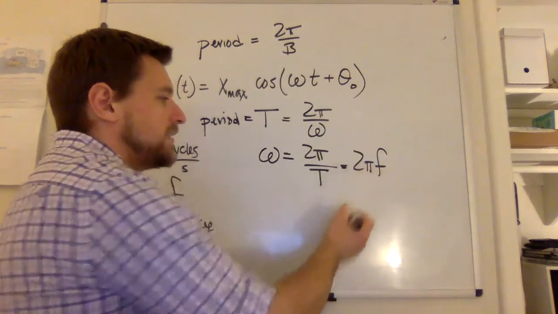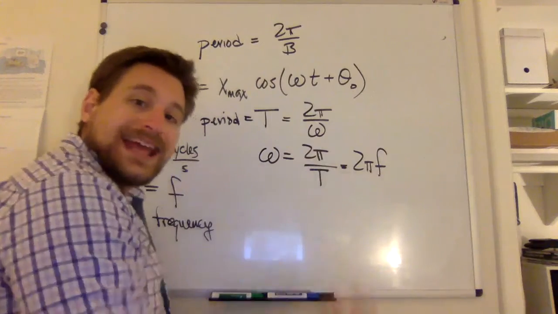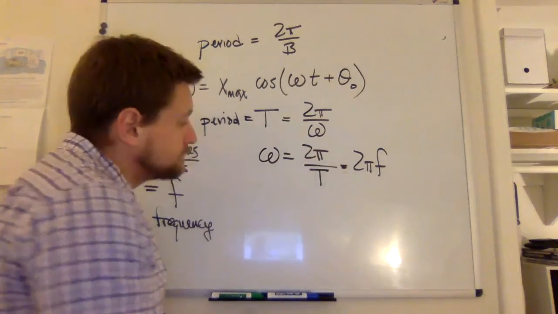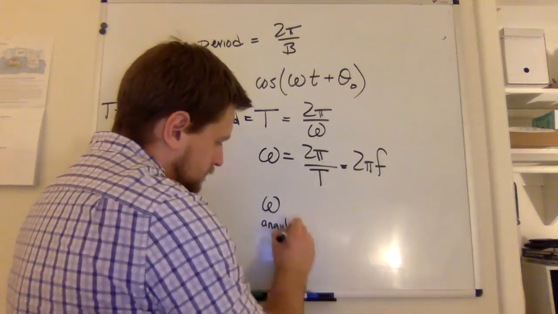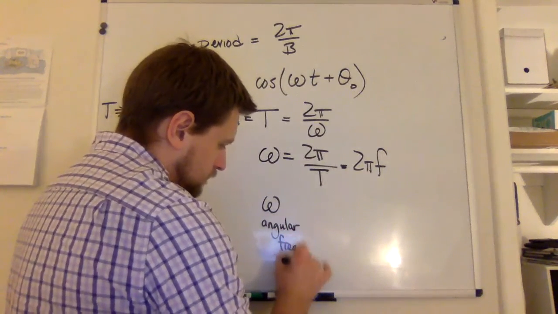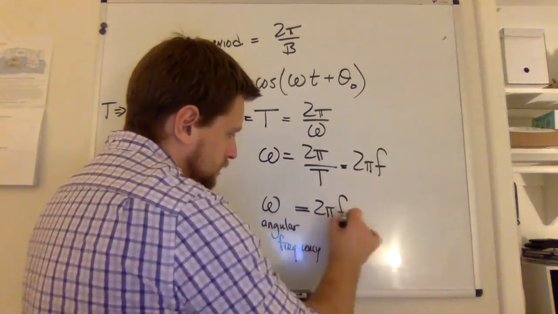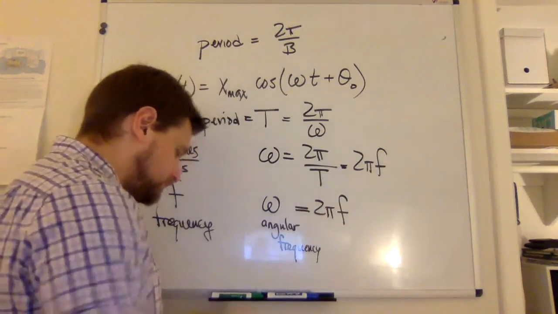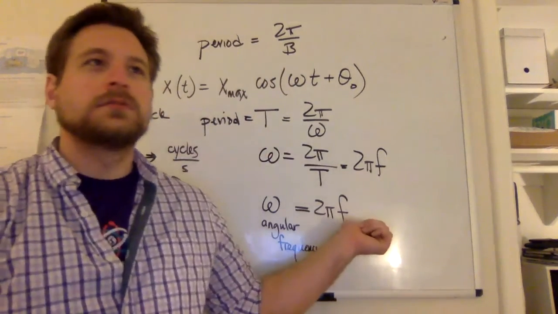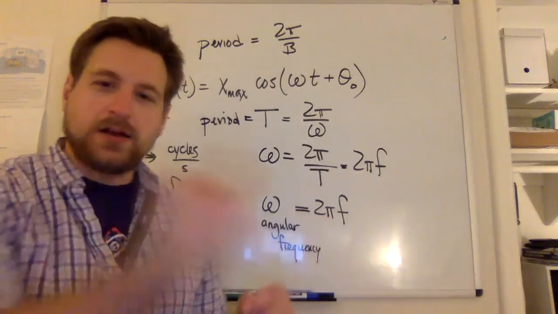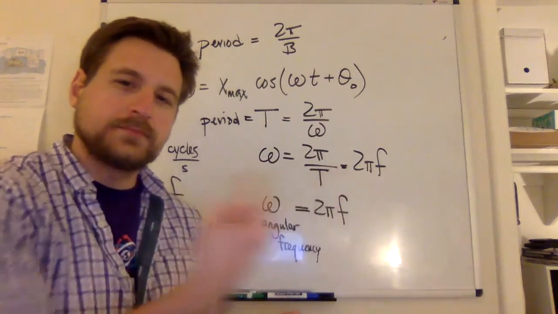Multiply by 2 pi radians lets us talk about an angular frequency. F is how many cycles does this oscillating object make every second?